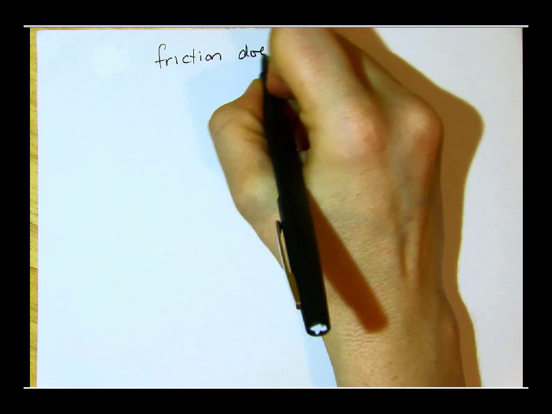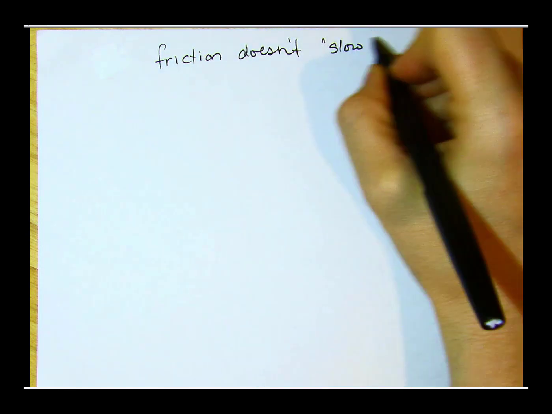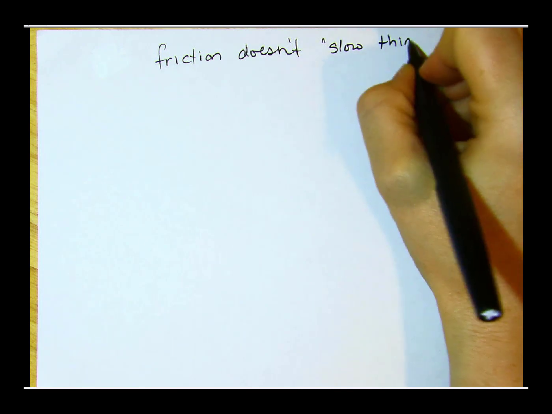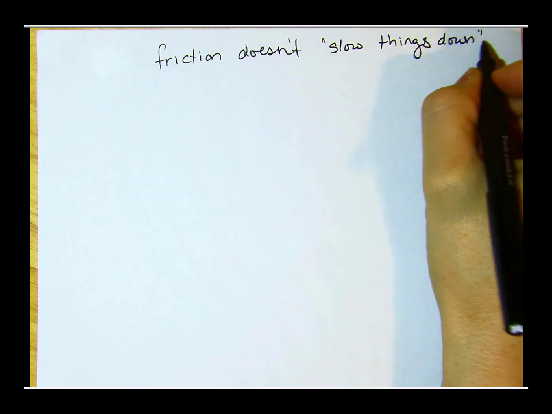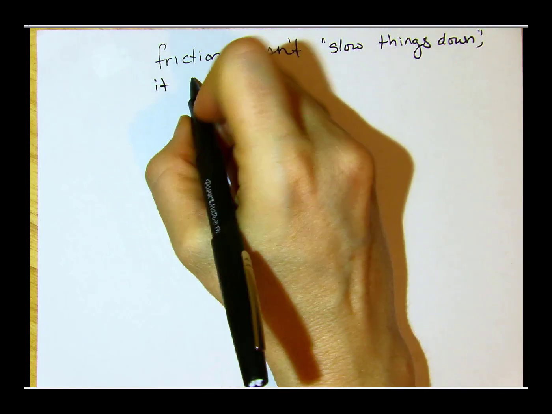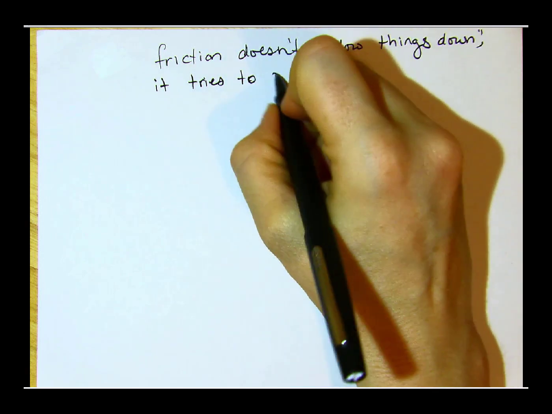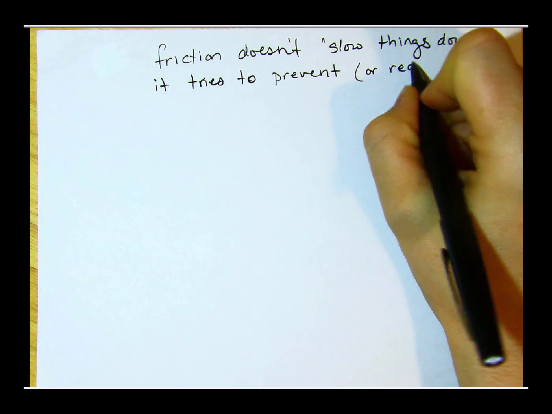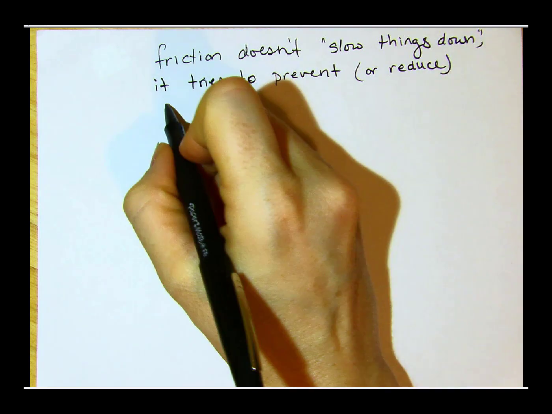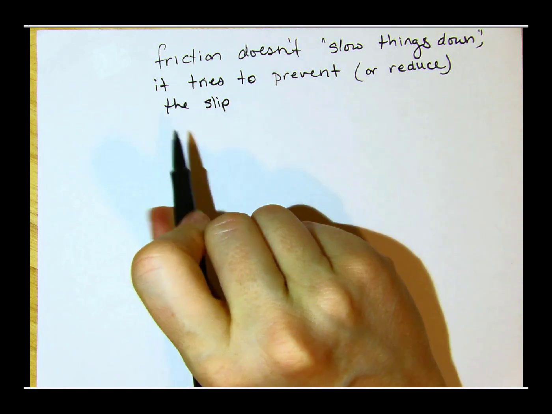Friction doesn't slow things down. It tries to prevent or reduce the slip of two objects over each other.